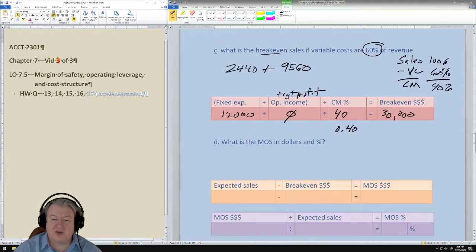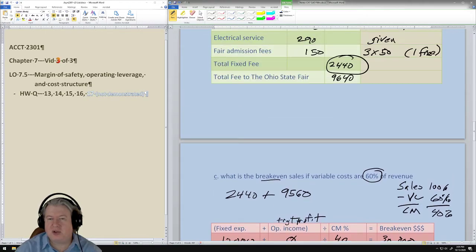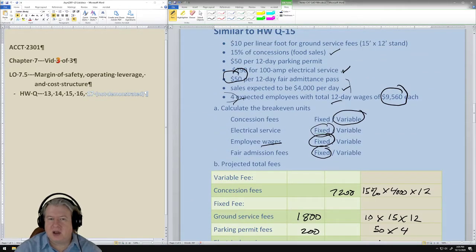What is the margin of safety in dollars and percentage? Okay, so we said that this is our break-even dollars, and our margin of safety is our buffer for our target sales. Do we have a target for our sales? Well, we do.